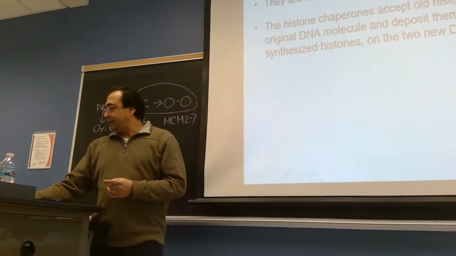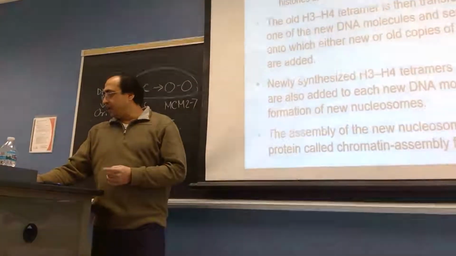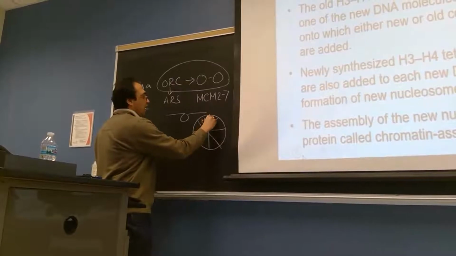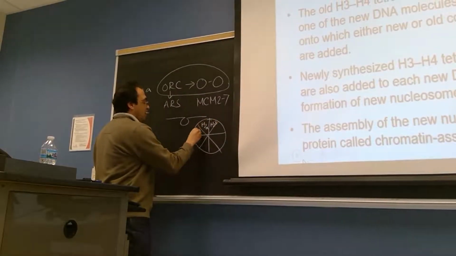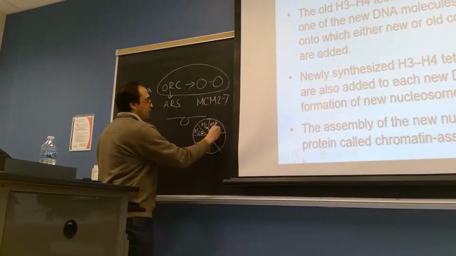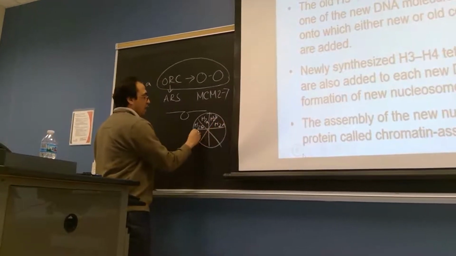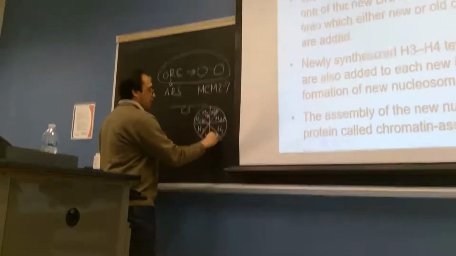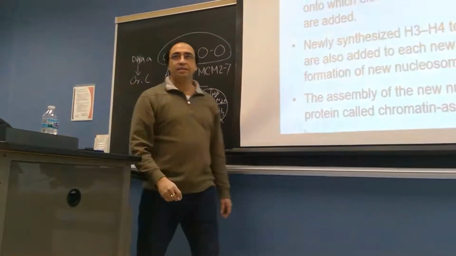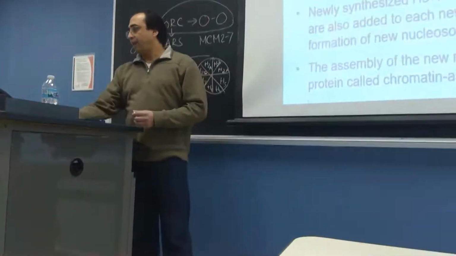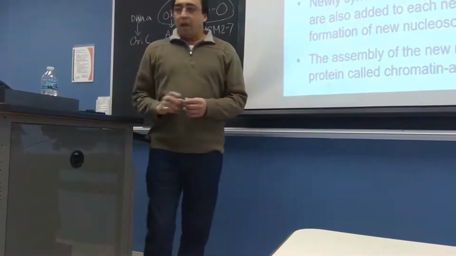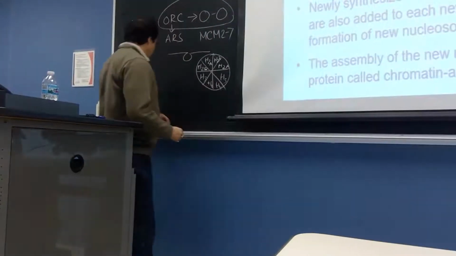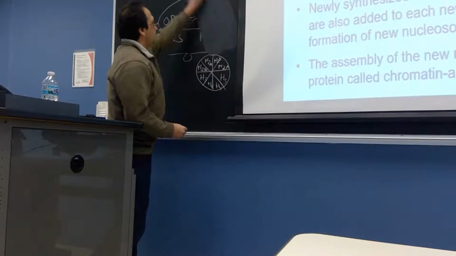Now, how is the process? So we know it is H2A, H2B, H2B, H2A, then H3, H3, H4, H4, like this. Now, when they are breaking these histone proteins, they are creating two different things.